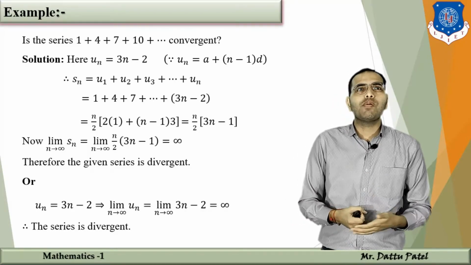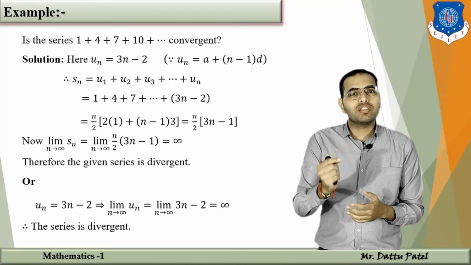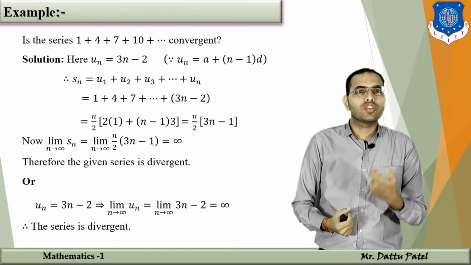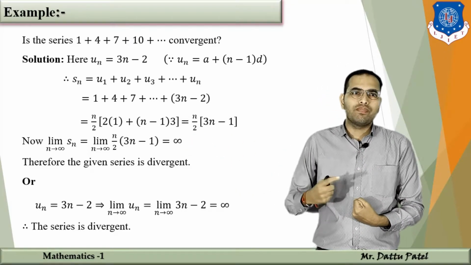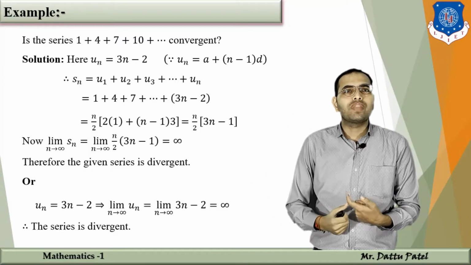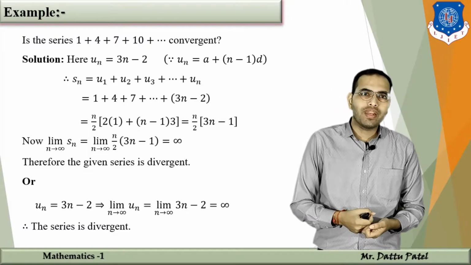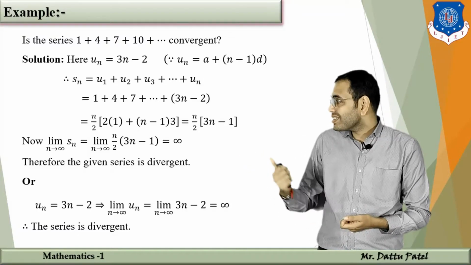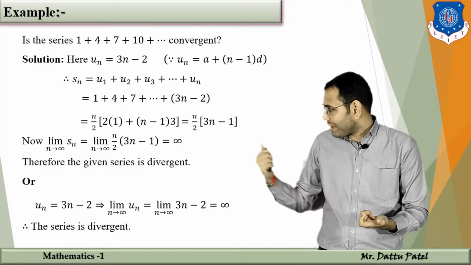Now with the help of the partial sum Sn, that is the sum of the first n terms of this series, which is u1 plus u2 plus u3 and so on up to un. Now substituting n equal to 1, 2, 3, 4, 5 and so on up to n, it becomes 1 plus 4 plus 7 plus and so on plus 3n minus 2. Here this is the arithmetic series partial sum.